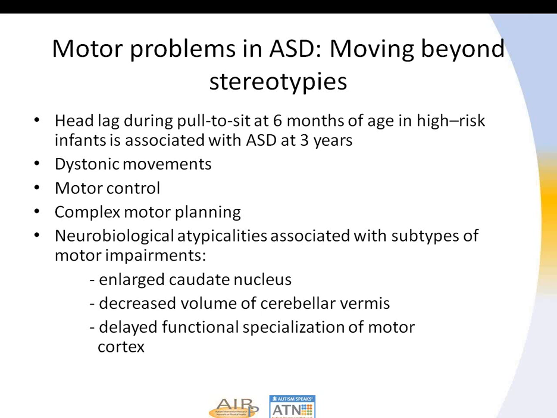And of course, both from postmortem studies and non-invasive neuroimaging are findings of atypicalities associated with motor impairments, things like an enlarged caudate nucleus or decreased volume of the cerebellar vermis or delayed functional specialization of the motor cortex.